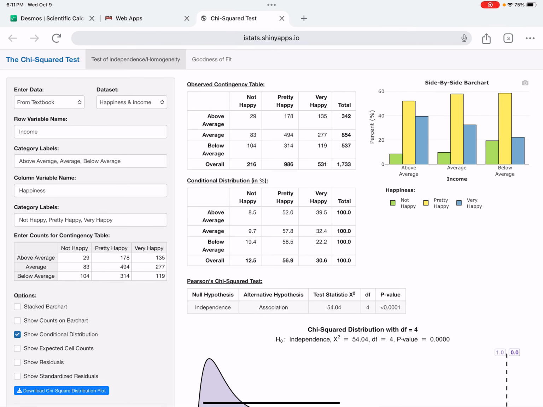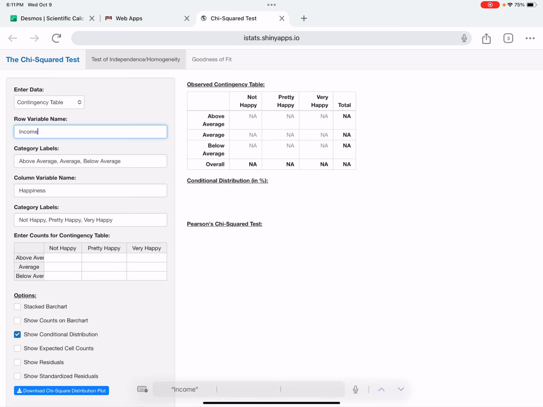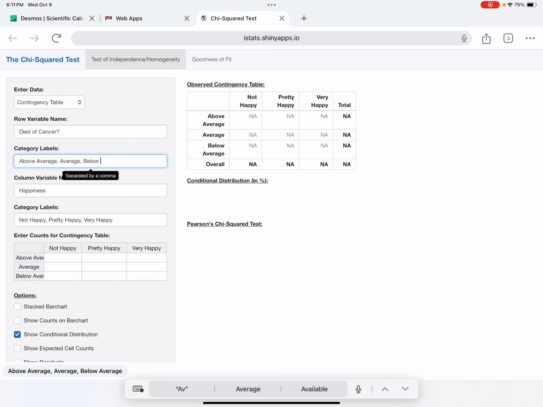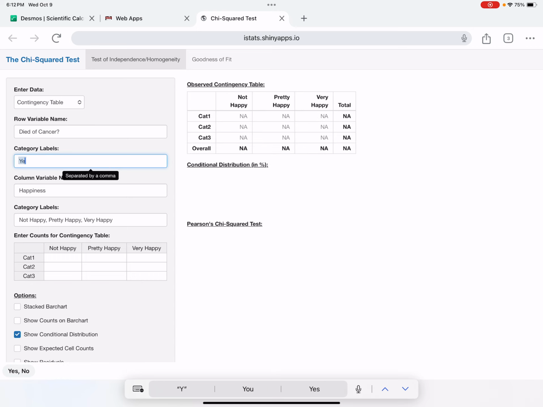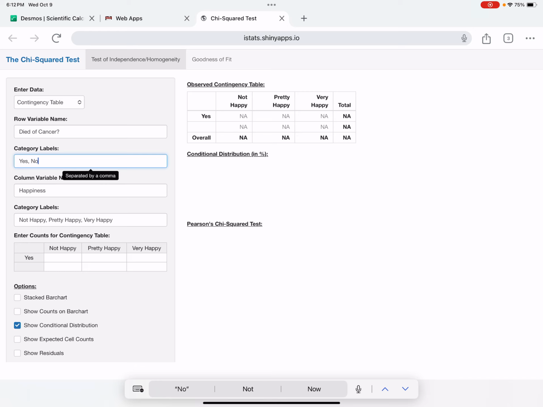Okay, we don't want to use a textbook example. We want to use our own. Row variable will be whether they died of cancer. And the categories are going to be yes or no. The column variable is going to be smoking habits.